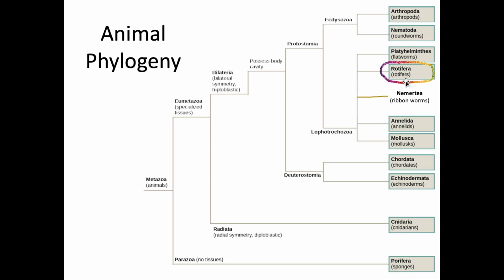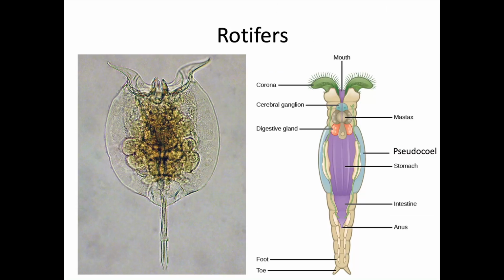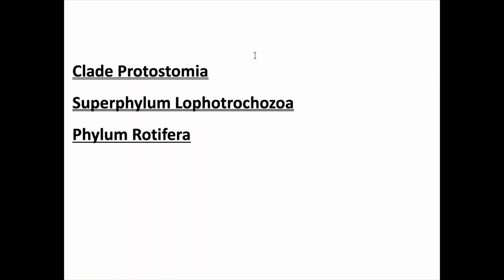Moving on, next one we've got up is phylum Rotifera, or here's what your typical rotifer looks like. This is microscopic. You would not be able to see these with the naked eye. These are multicellular, but they are very small. And just to remind you, we're in clade Protostomia, superphylum Lophotrochozoa, and now phylum Rotifera.